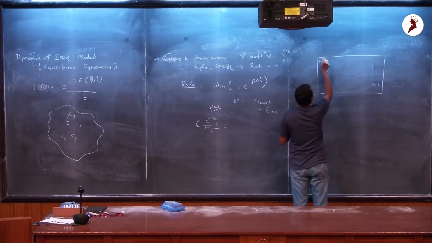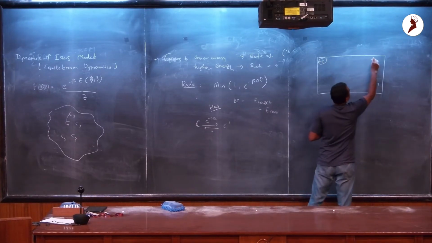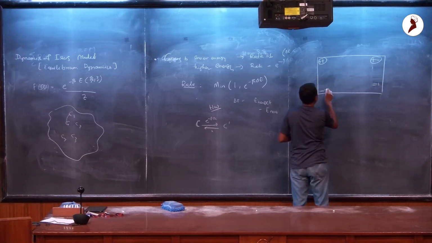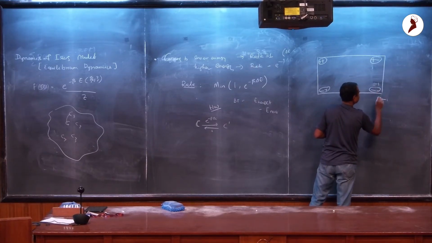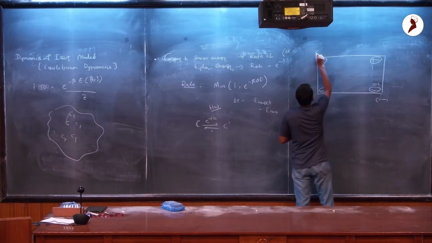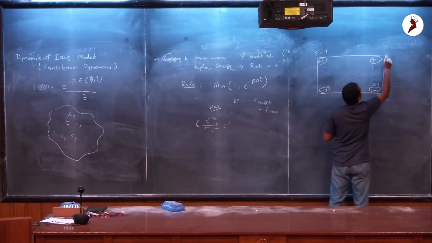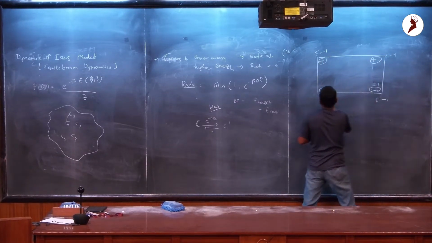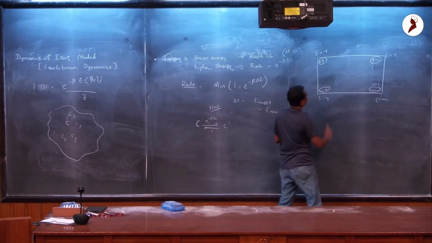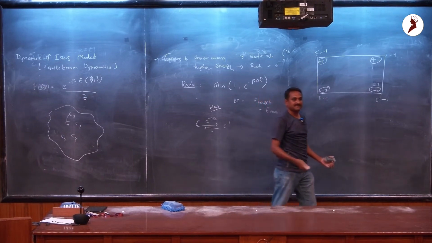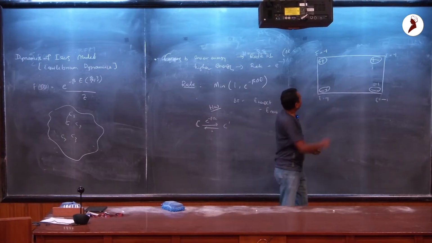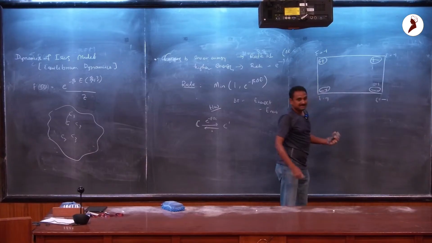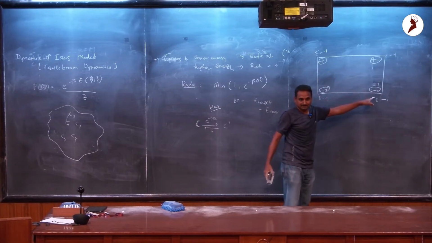So this one is the plus plus state. This is plus minus, minus plus, minus minus. Energy is minus 1 for the middle two, and E equal to plus 1 for the others. If you want to write the rates from this configuration to this configuration, you can also join from this to that, but that requires 2 spin flips, right?